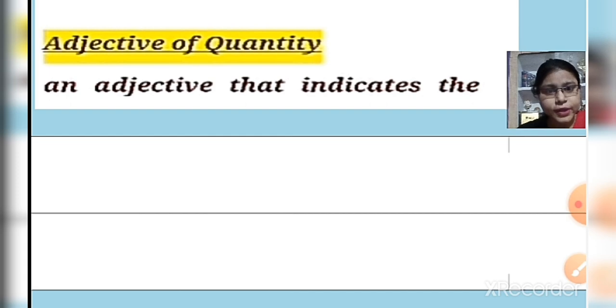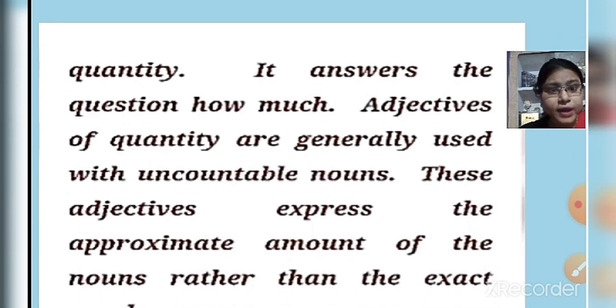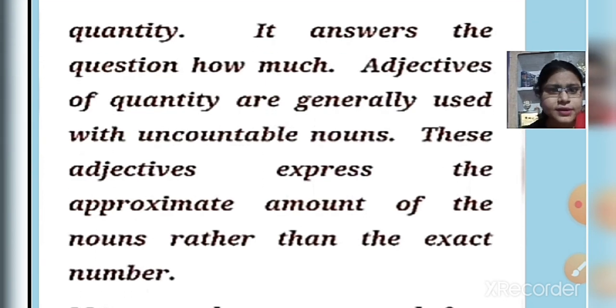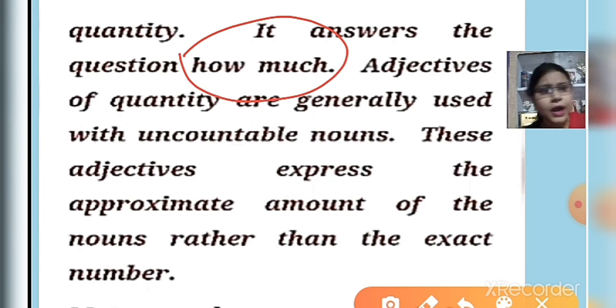Okay, adjective of quantity is an adjective that indicates the quantity, the amount. In the earlier class we already talked that adjective of quantity always shows the quantity of the noun. Clear? Okay, it answers the question how much. As I told earlier, it always answers the question how much.